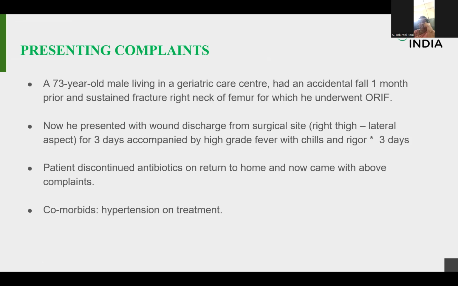Now he presented with discharge from the surgical site for 3 days, accompanied by high-grade fever with chills and rigor for 3 days. The patient discontinued antibiotics and returned home, and now comes with the above complaints.